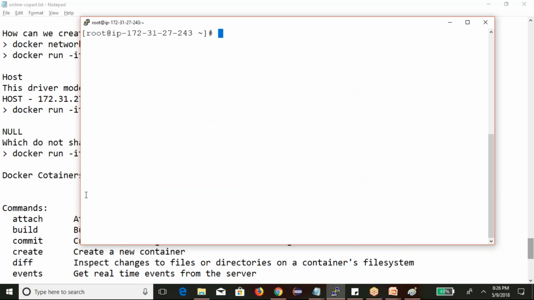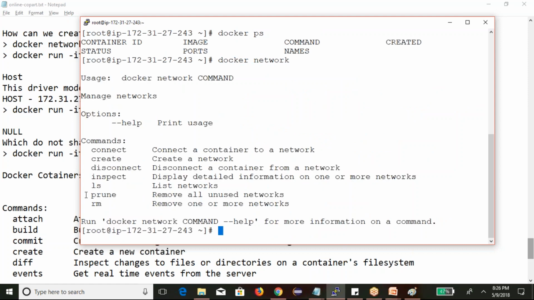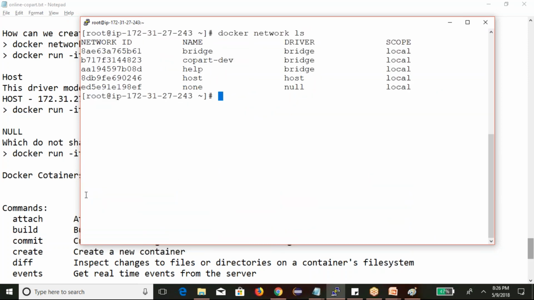Now, what I was trying to tell you, just a second, I forgot actually. By mistake I created a new network in bridge mode, so let me clean it up. That's not good actually. So here I'm going to delete this one.